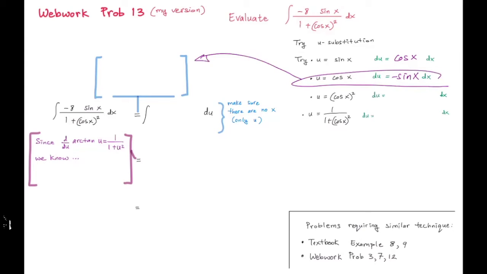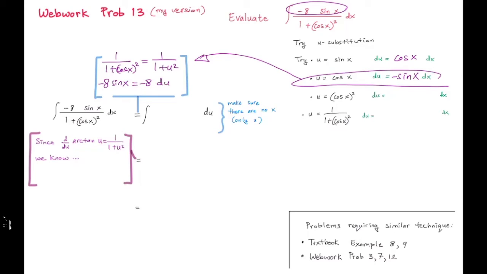Then I have, because 1 over 1 plus cosine x squared would then be 1 over 1 plus u squared. So this looks like the expression in the previous slide. And also this value, negative 8 sine of x, would be equal to negative 8 du in this substitution.